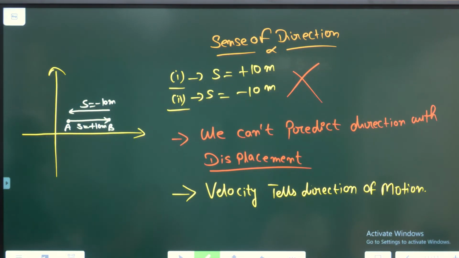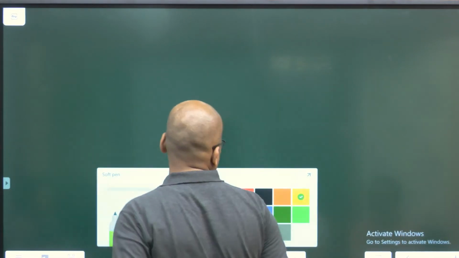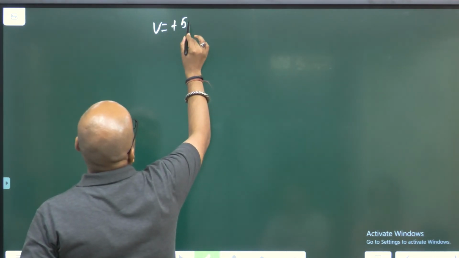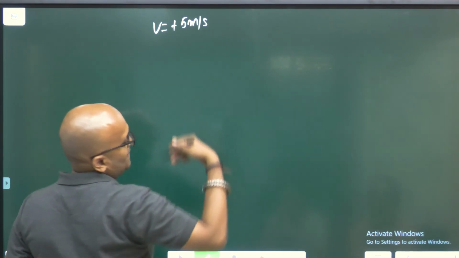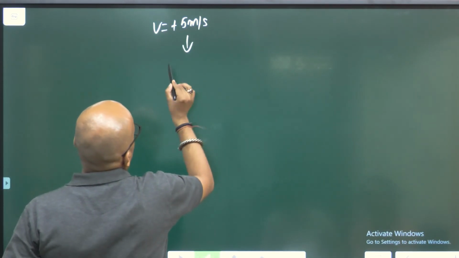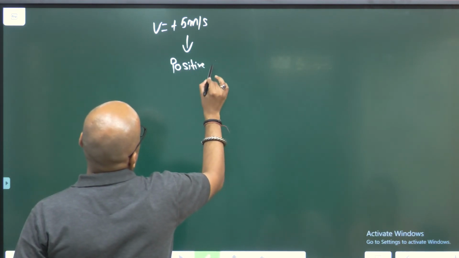Okay, can we proceed? So, if velocity is given plus 5 meter per second, and let's say motion is along x-axis, so we will say that body is moving along positive x-axis, yes or no?